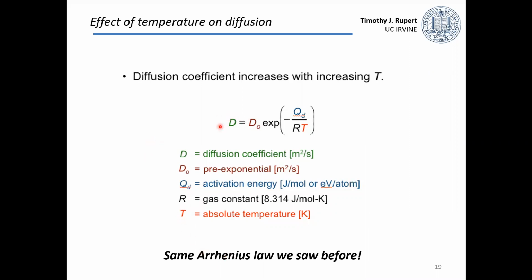So the diffusivity of a material is generally going to be equal to some constant, we're going to call this D naught, multiplied by the exponential of negative Q sub D, which is the activation energy for diffusion, divided by the gas constant times the temperature. We already saw this equation before, for equilibrium vacancy concentration. Now we're applying it to diffusivity.